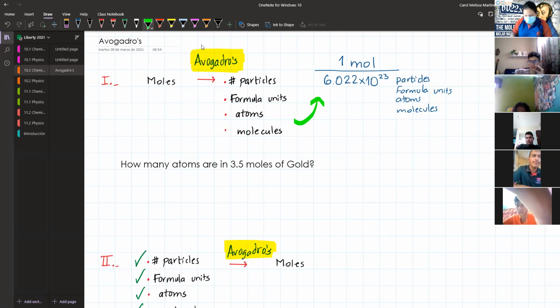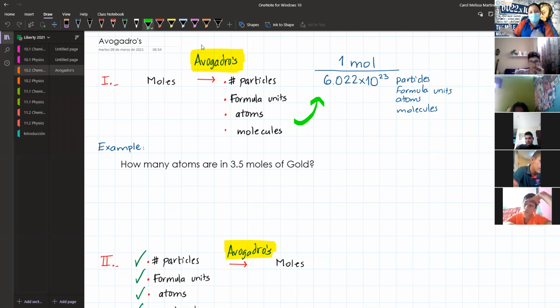In the question, two things are implicit, given and unknown. So this is going to be the first example. How many atoms are in 3.5 moles of gold?